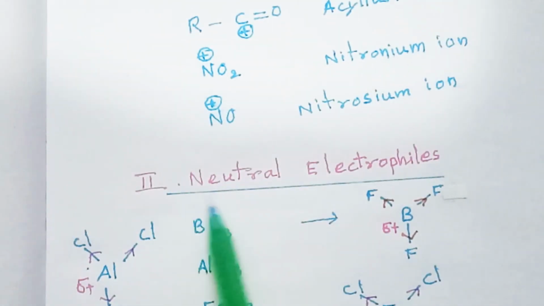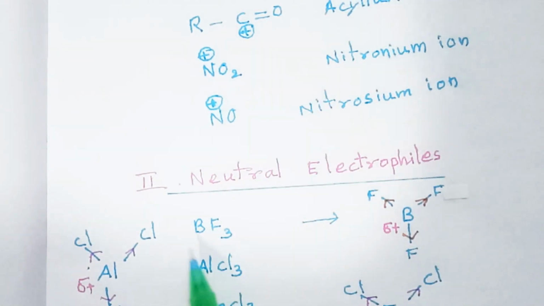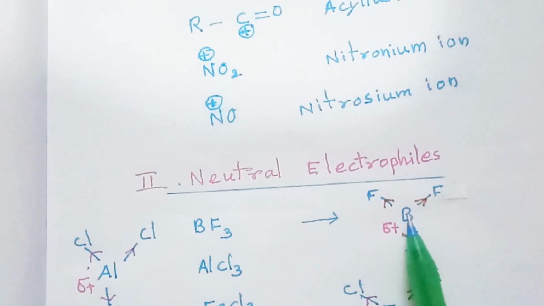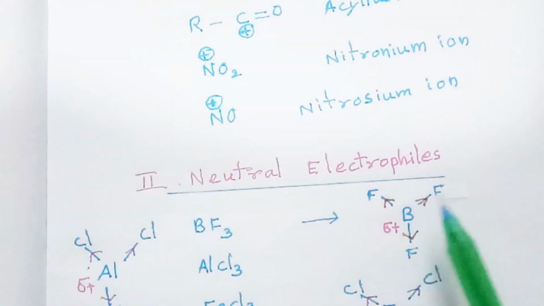Now let's see what neutral electrophiles are. Neutral electrophiles do not have any charge on the central atom. For example, BF3, AlCl3, FeCl3. Now you can see the central boron atom is having 3 covalent bonds formed with fluorine atoms.